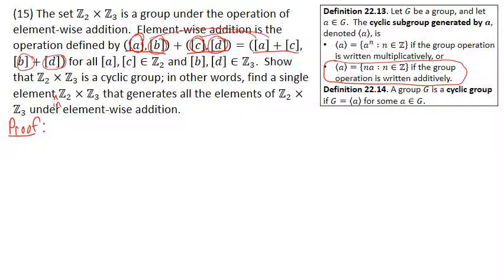Do I have any let statements here? I don't think I do. But let me list out what the elements of Z2 cross Z3 actually are, so that you know what we're trying to generate.